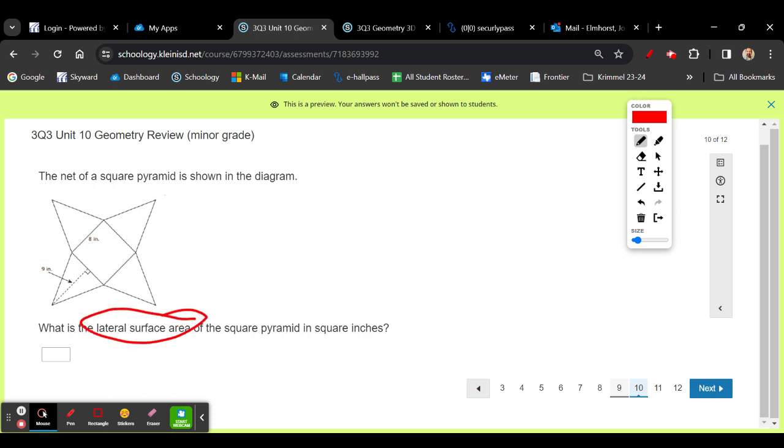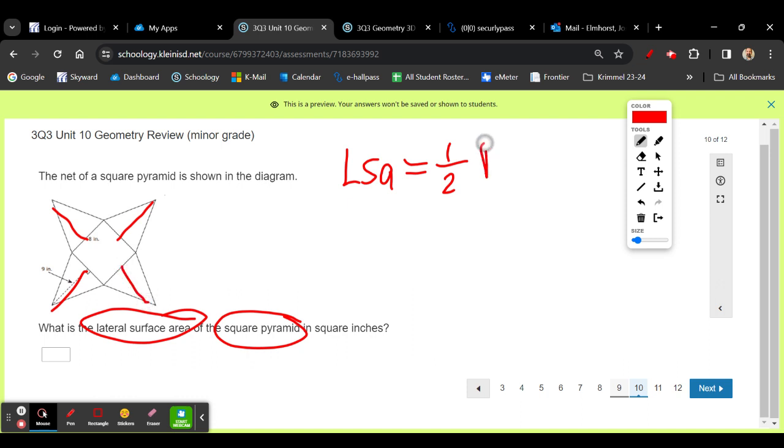What is the lateral surface area of the square pyramid? So the lateral surface area of a pyramid, the pyramid has triangles for the sides. And triangles mean we're going to take 1/2, then we're going to do the perimeter times the slant height.